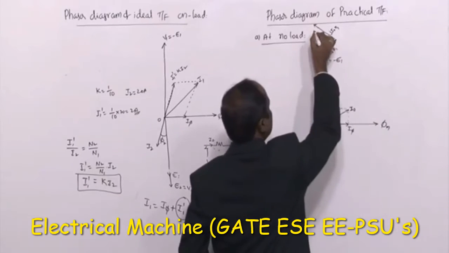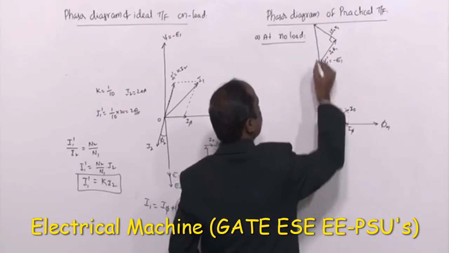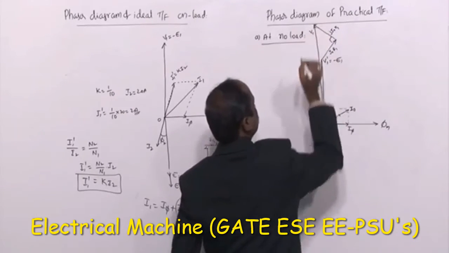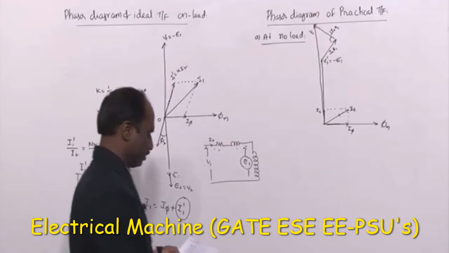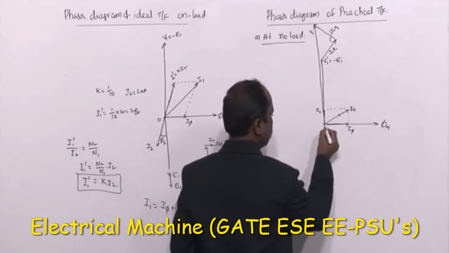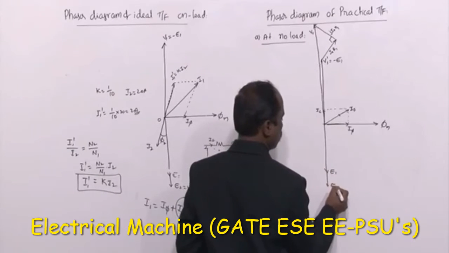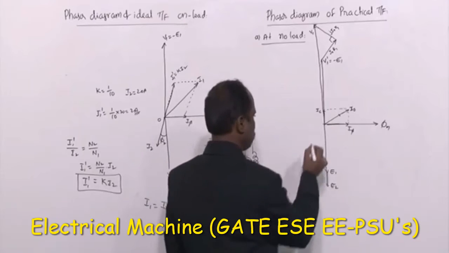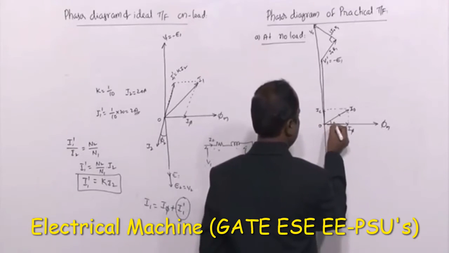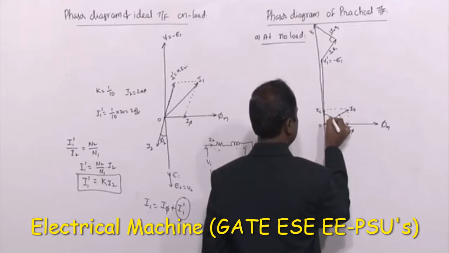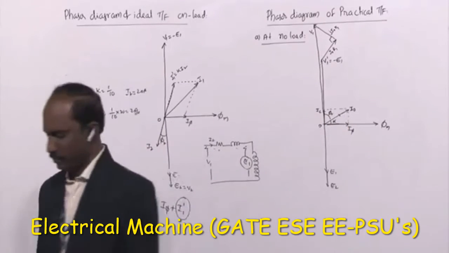So this is V1 on the primary. What about on the secondary? On the secondary, E1 is acting in this direction and E2 is also acting in this direction. This angle is called alpha. This angle is called phi naught, the no load power factor angle.